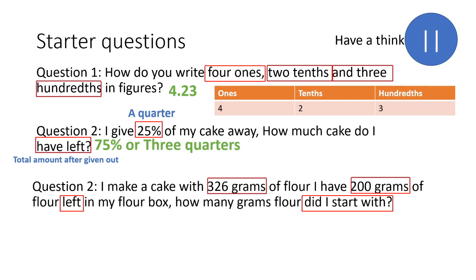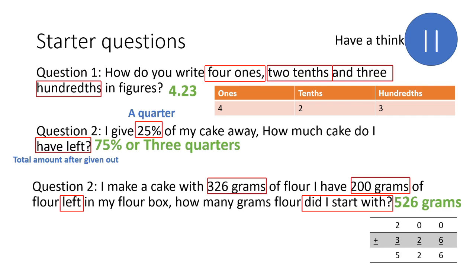So to work this out, you'd want to put 326 and 200 in a column addition, or if you can work it out off the top of your head, go ahead and do that. So you can see the answer is 526, and the question wants us to say it in grams. So 526 grams.